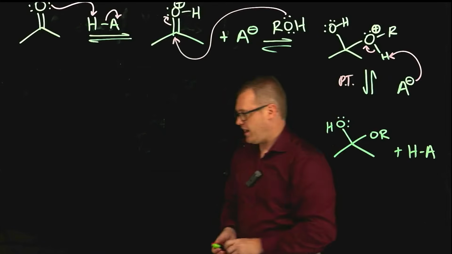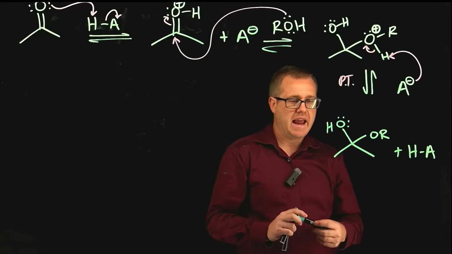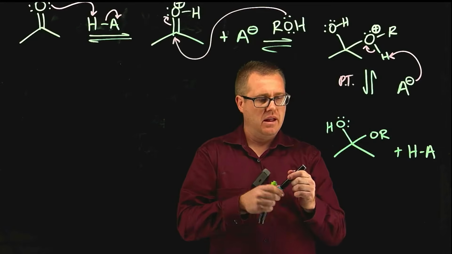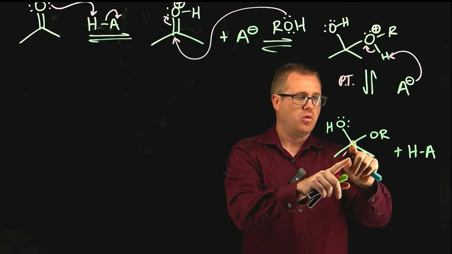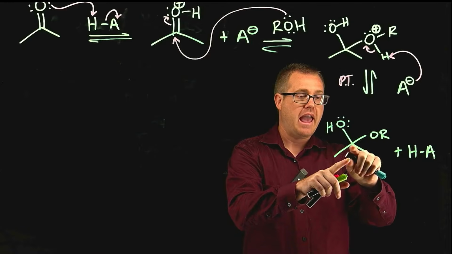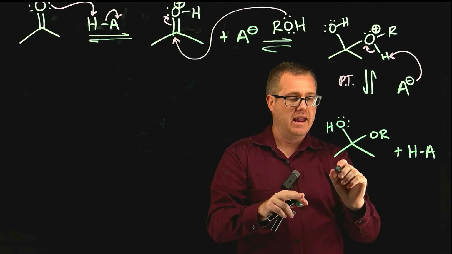Now, this species right here has a name. When you have a carbon with an OR and an OH, we call that a hemiketal.